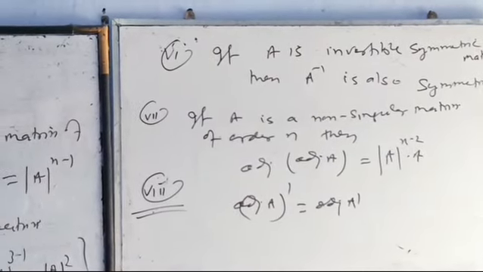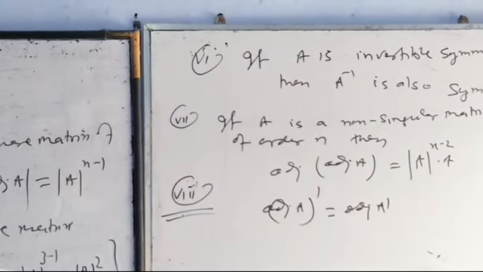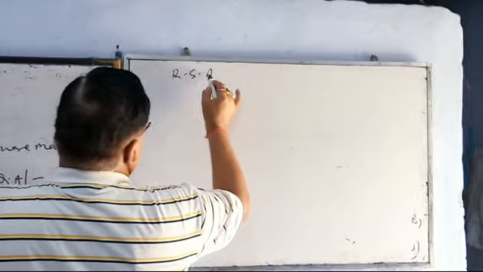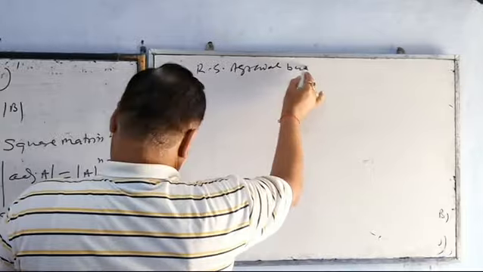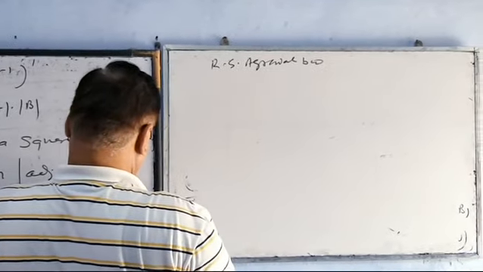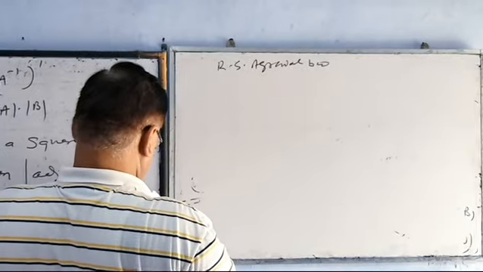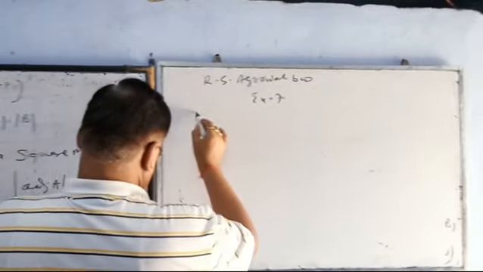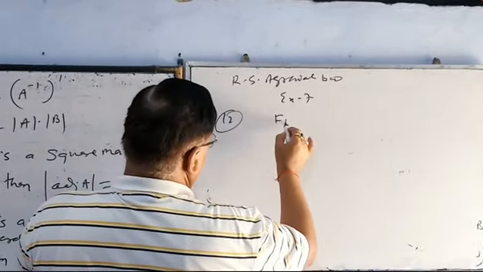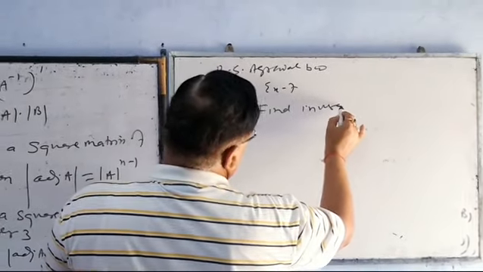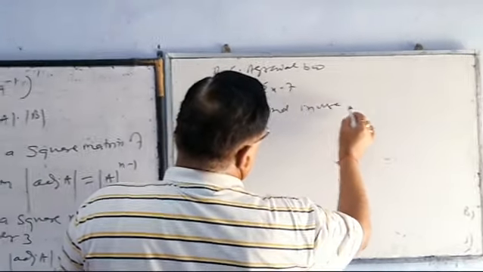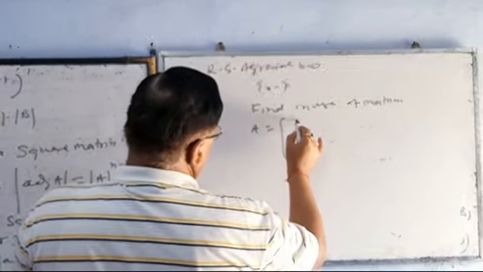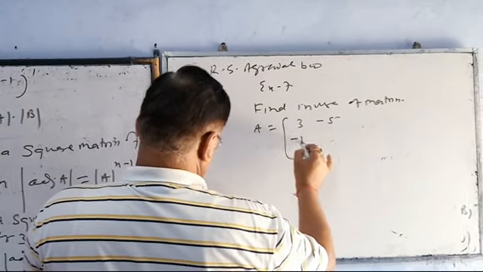I am taking a problem from the book, first exercise 7, question number 12: find the inverse of the matrix A with rows 3, minus 5 and minus 1, 2.